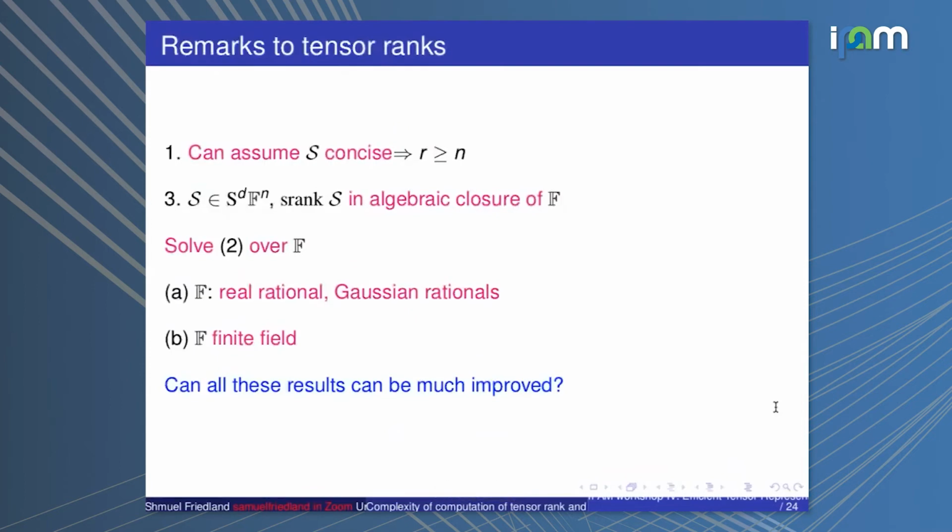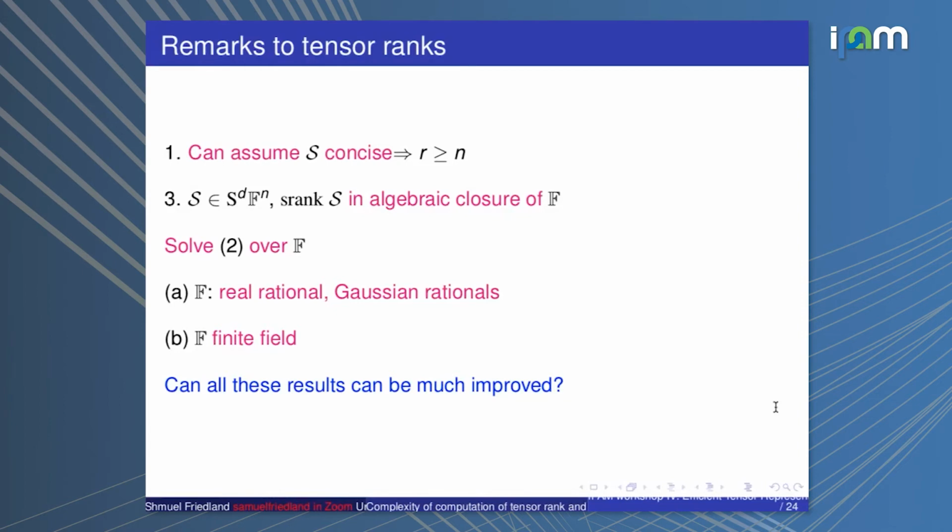Okay. So you can do slightly, first of all, a proof. First of all, you can assume that S is concise in the language of J.M. Landsberg. And so then R is greater or equal than N. And now you can also do it without assuming that the field is algebraically closed.